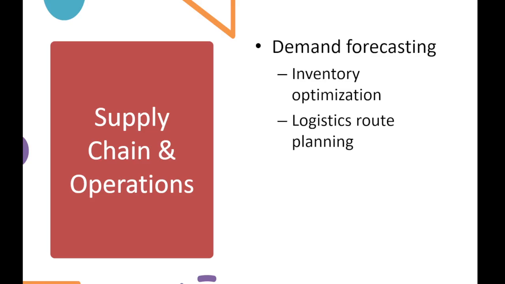Supply chain and operations is perhaps very underrated. People don't talk about it, but time series analysis is extremely useful in supply chain and operation analytics. I used to work in operation analytics long back, like 15, 16 years back.